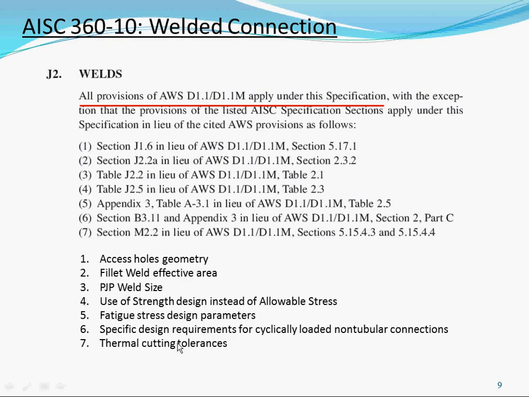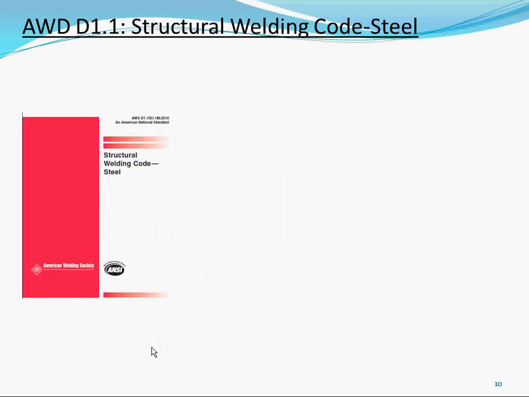And lastly, the thermal cutting tolerance. I believe the AISC one is a little bit more stringent than the AWS D1.1. When they cut, depending on what method they use, like smoothness, they actually made it a little bit smoother than what the AWS requirement is.